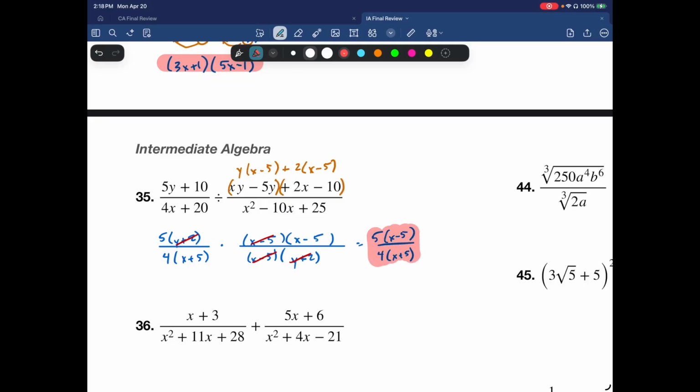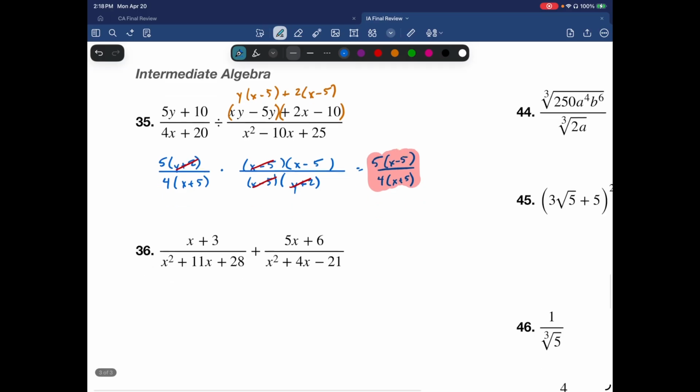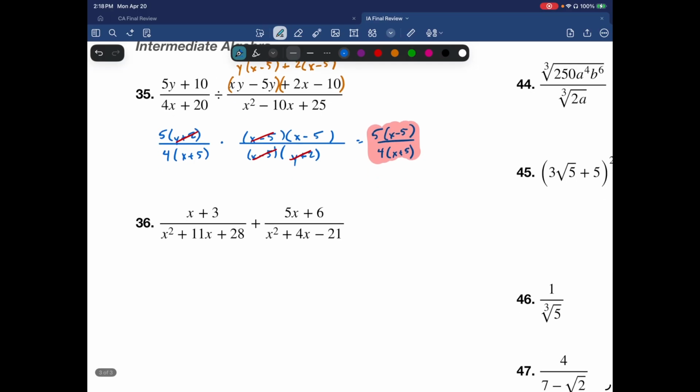Okay. On 36, you need to find your common denominators. But before you can do that, you got to factor to figure out what all your parts are. So x squared plus 11x plus 28 gives you x plus 4, x plus 7. And then over here, you're left with x plus 7 and x minus 3. So both of these have an x plus 7. So I need to multiply each of these by what they don't have. So the right side needs an x plus 4.